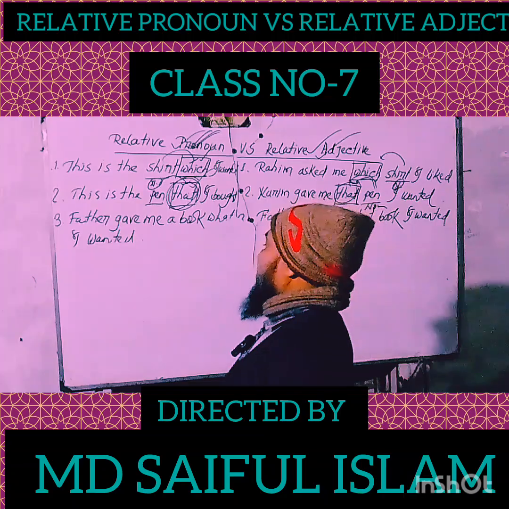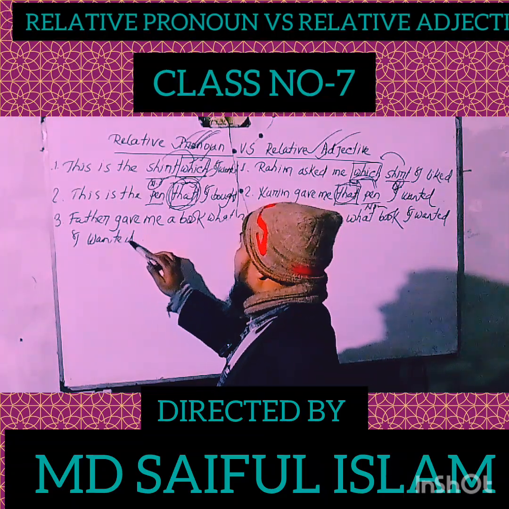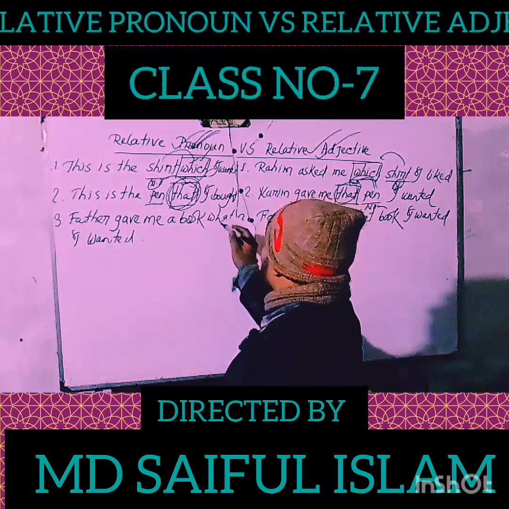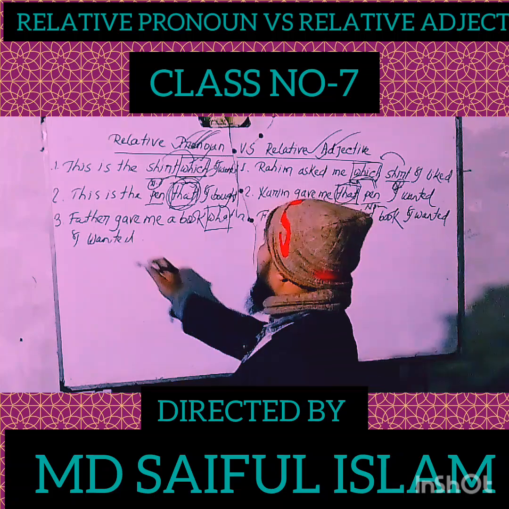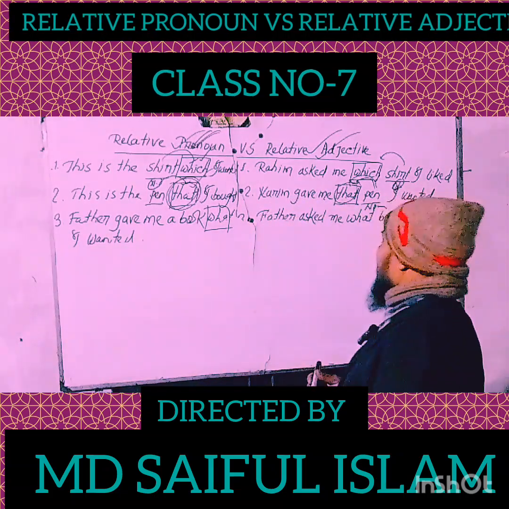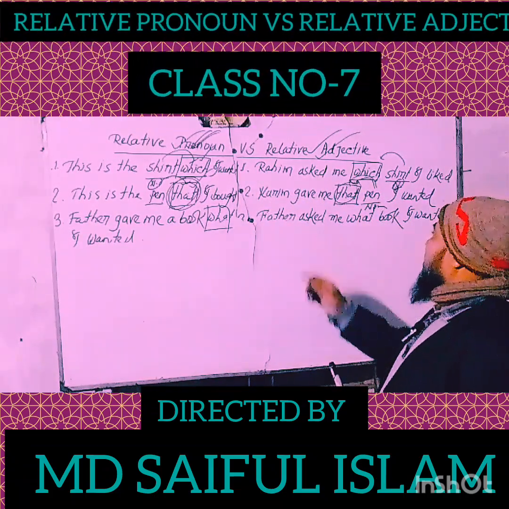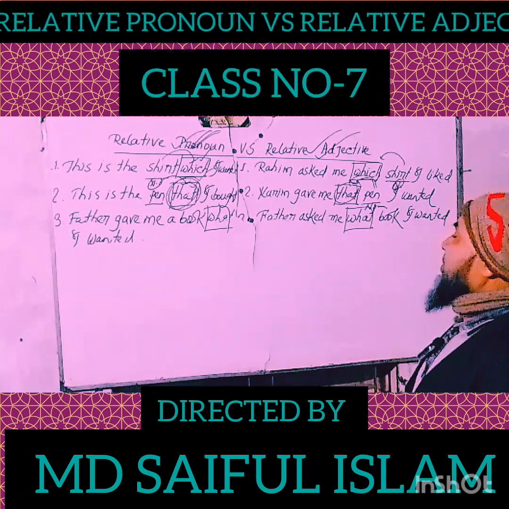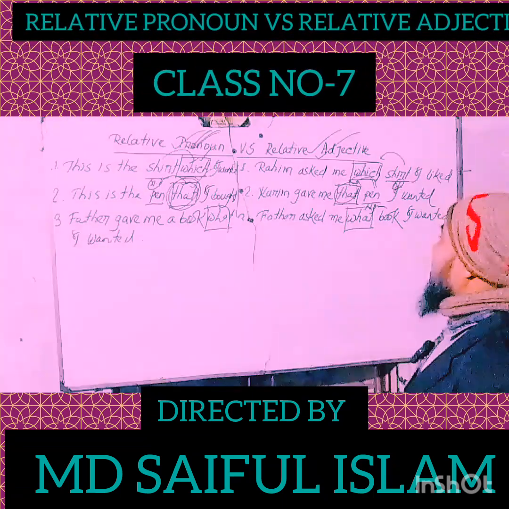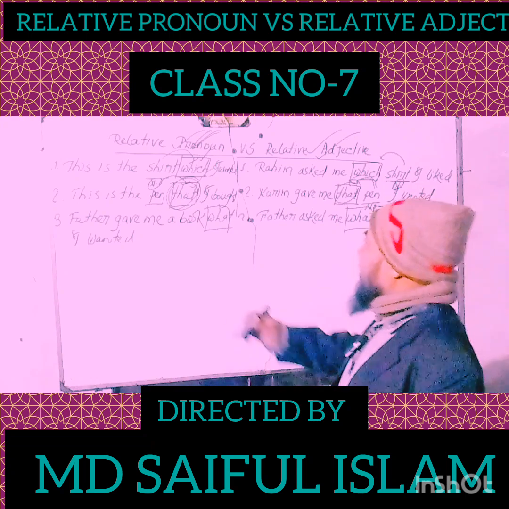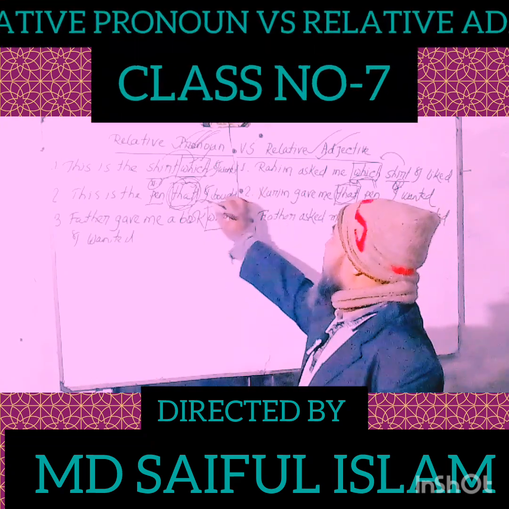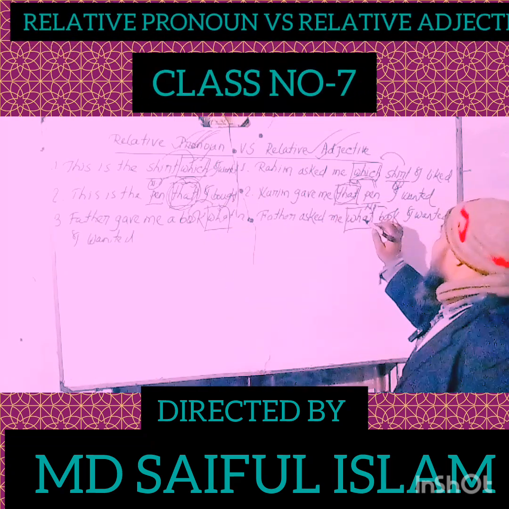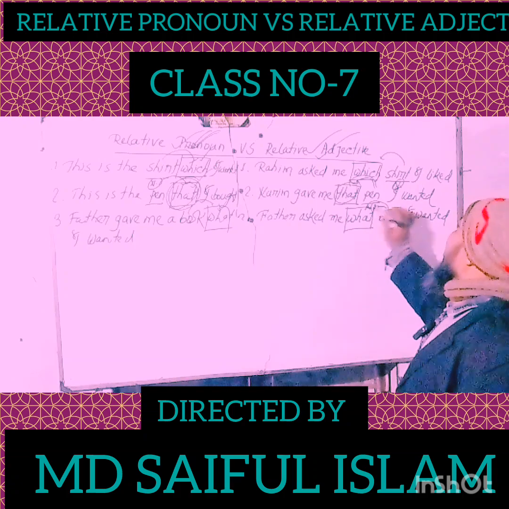Last example: Father gave me a book what I wanted. Another example: Father asked me what book I wanted. Take a look at the word what. In the first sentence, what is used after a noun, but in the second sentence, what is used before a noun.